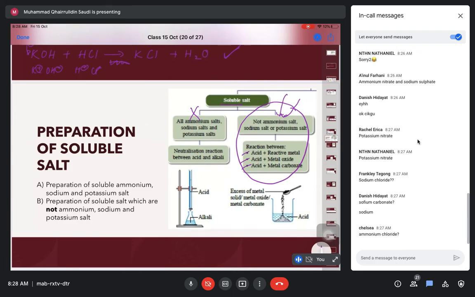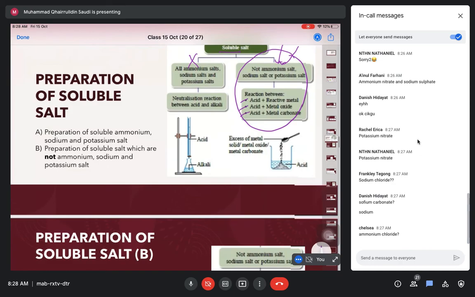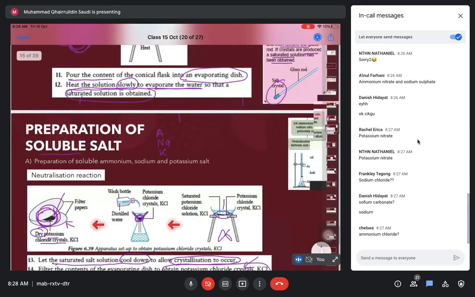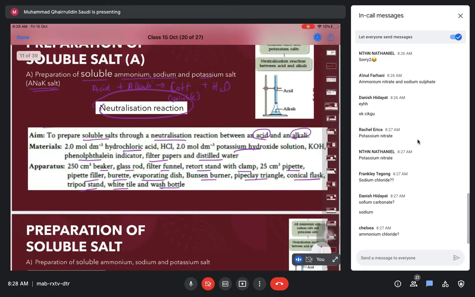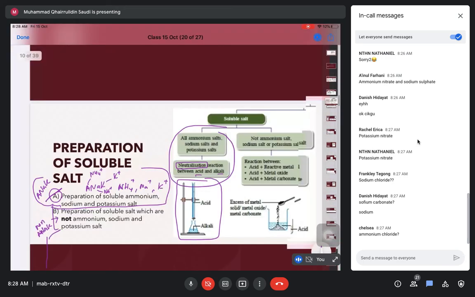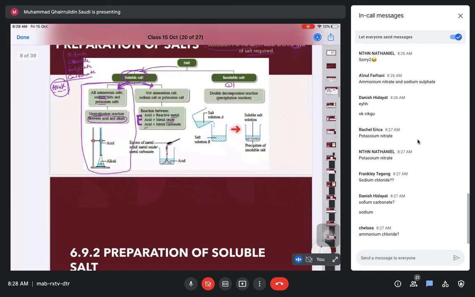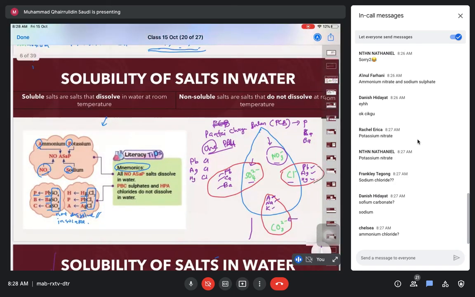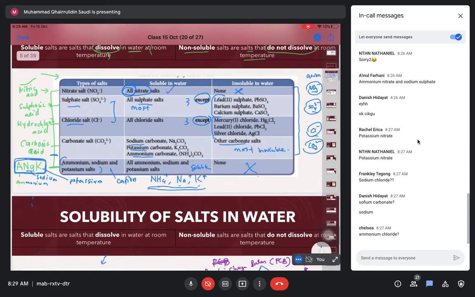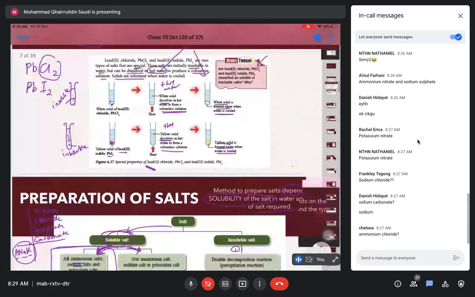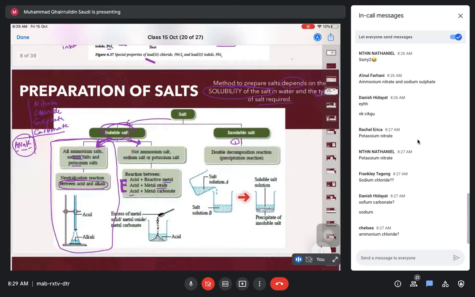Okay, so until today I hope you understand what you have to know. Let's recap. What do you need to know? You have to know the meaning of soluble salt and meaning of insoluble salt. And then you have to memorize the names of the salts that are soluble in water and insoluble in water. And then today we also looked at the preparation of soluble salt.